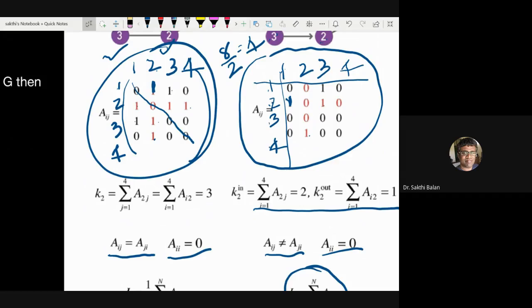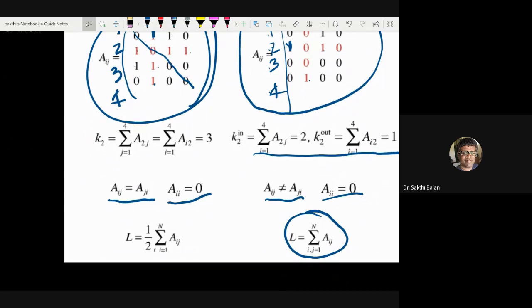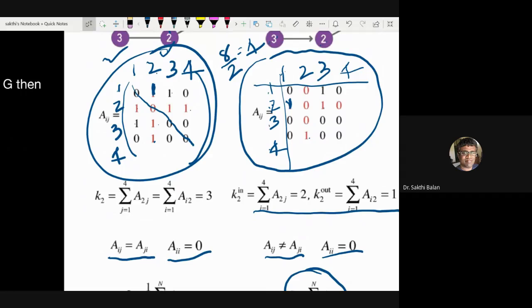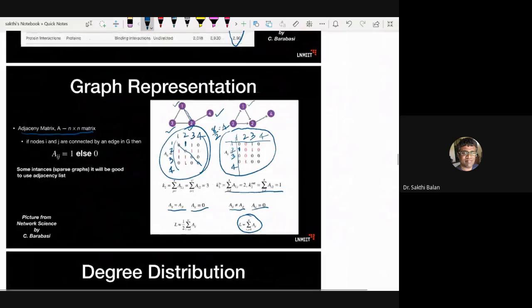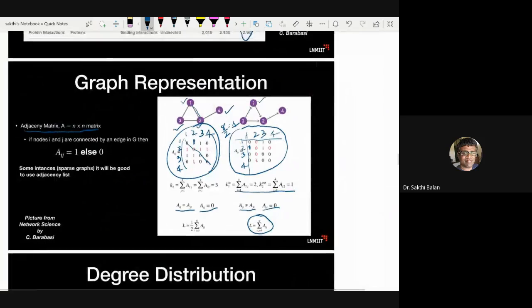But in the case of the directed graph, for every edge you are counting it only once, so you don't have to divide by 2. You just sum up all the entries in the directed graph, like 1 plus 1 plus 1 plus 1. So there are only 4 ones. How many ones are there? That will be the number of edges. Okay. So that is one point that you can keep in your mind.